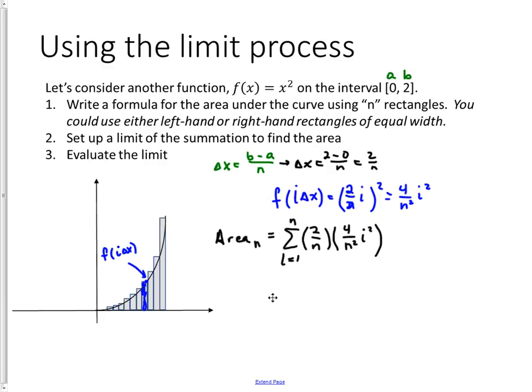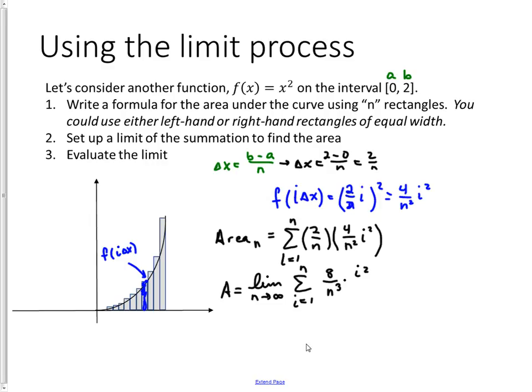And so if we want to find the area itself using a limit, we would say that our area looks like it should be the limit as n tends to infinity, that is, as we increase the number of these rectangles here, of the sum from i equals 1 to n of 8 over n cubed times i squared.